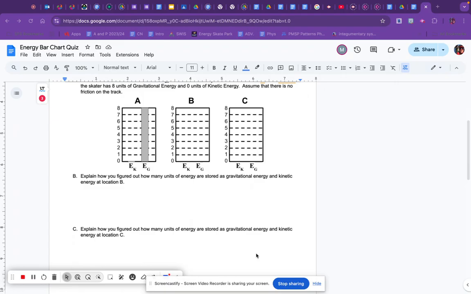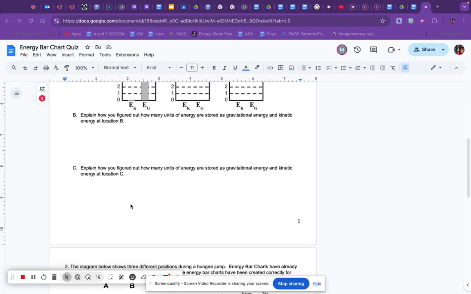For 1B, the question reads, explain how you figured out how many units of energy are stored as gravitational energy and kinetic energy at position B. Whatever you decided to use, you need to explain why you chose those and why you gave them the amount that you did.